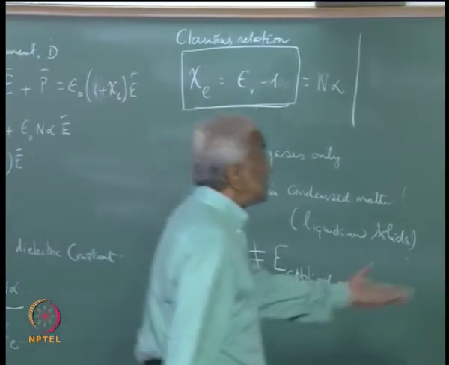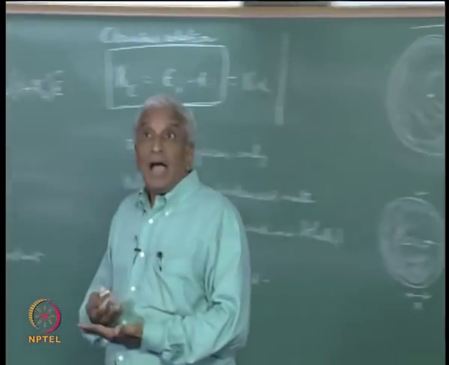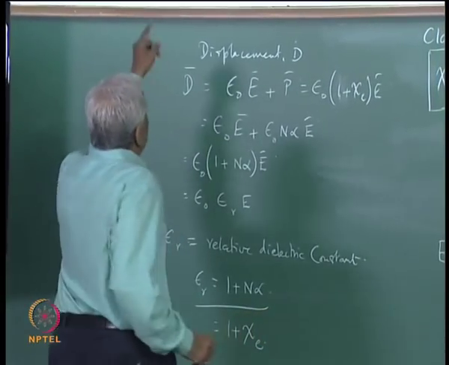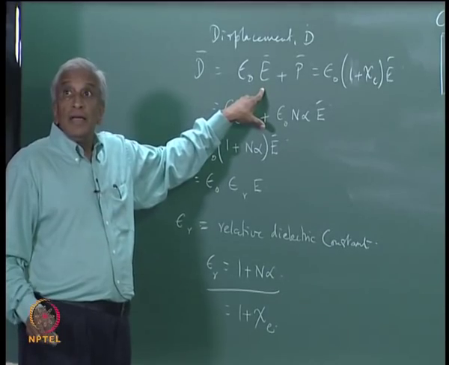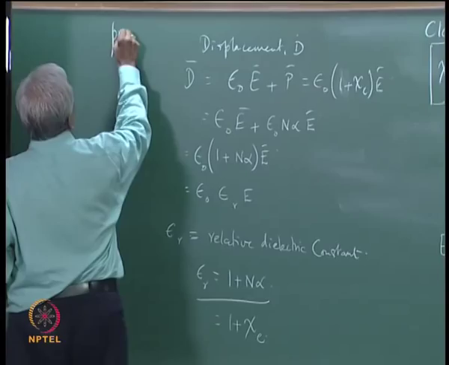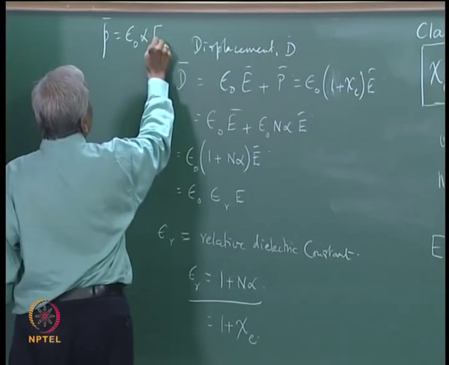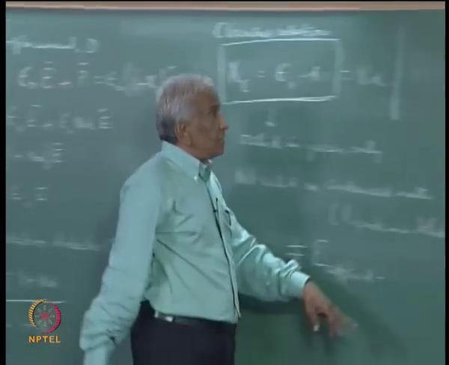So, it is this local electric field which is seen by the atom or molecule, the dipole, and therefore this is what we have to write here. So, the individual dipole moment is now epsilon naught alpha E local, where E local is given by this.